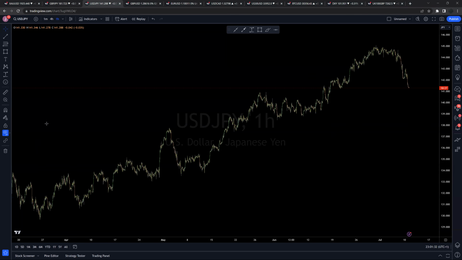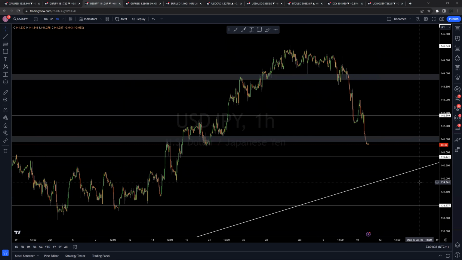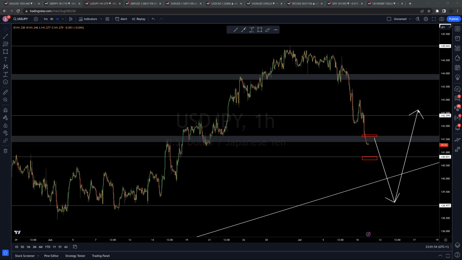With UJ, we can easily be retesting and still see some sell plays if we remain below here at 141.5 and 140.8. This is just a subjective trend line, but more than likely we'd be coming all the way back down to like 139 flat before seeing further buy bounces into the market.